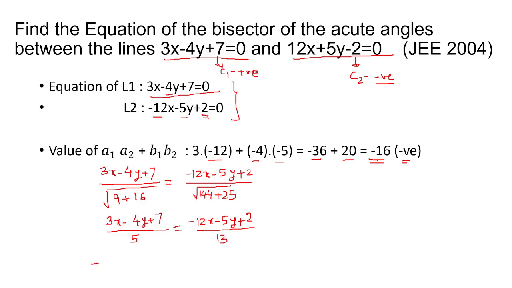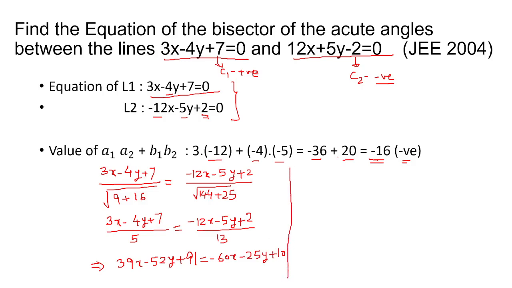Now if we solve it, this will be 39x minus 52y plus 13 into 7 is 91 is equal to minus 60x minus 25y plus 10.